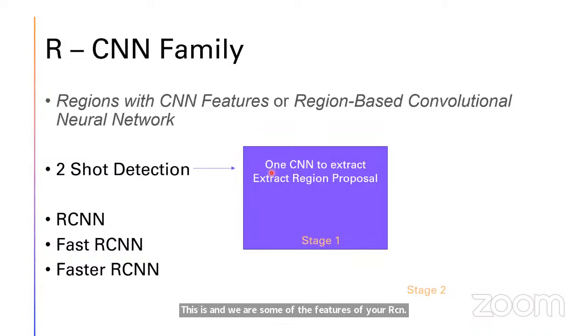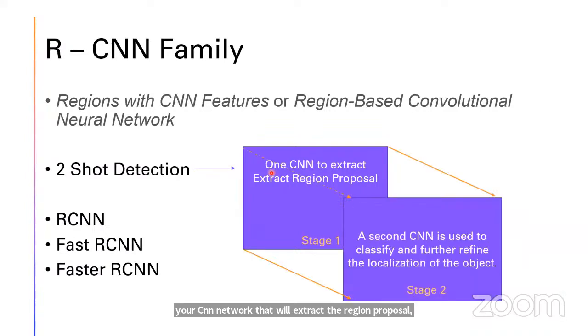Your RCNN models work in two shots, or two iterations. The first stage is a CNN network that will extract the region proposals, or the feature maps. Once we have those feature maps, a second CNN is used that will classify and localize the object, right? So two stages are there.